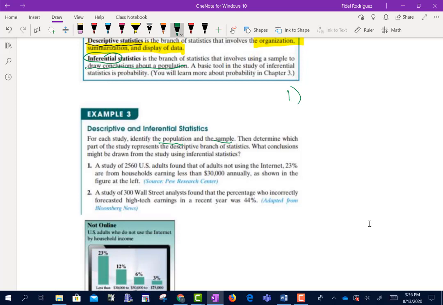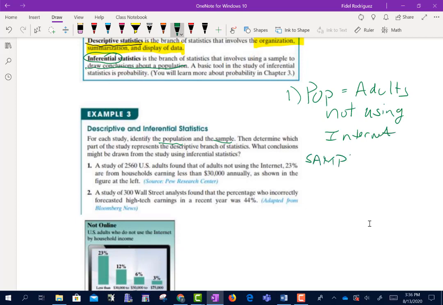Okay, so what are we talking about? Population would be adults not using the internet. Okay, so my sample would be, how many did they sample? 2,560 that are not using the internet, right? Okay.